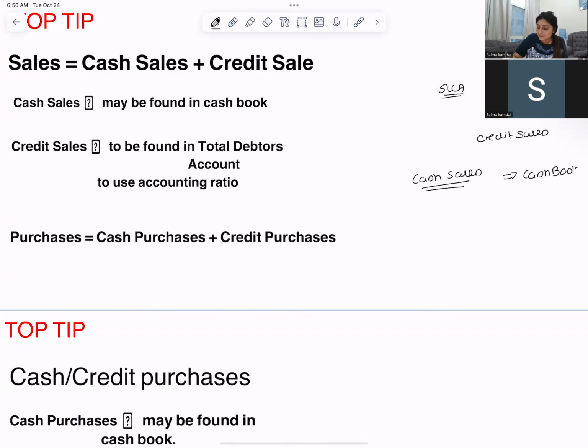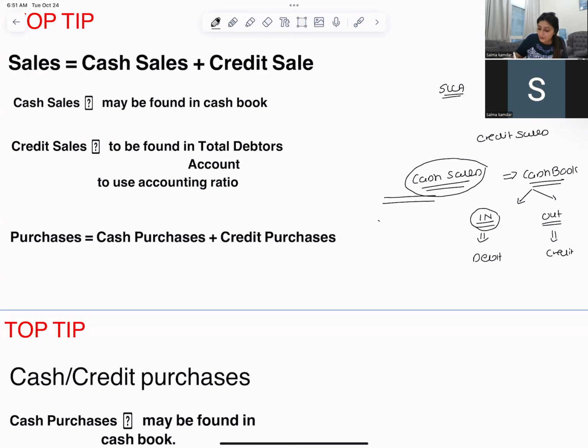The cash book is a book where all the money coming in is recorded on the debit side and all the money going out is recorded on the credit side. So when you do cash sales, money is coming in. So cash sales will be found on the debit side of your books.